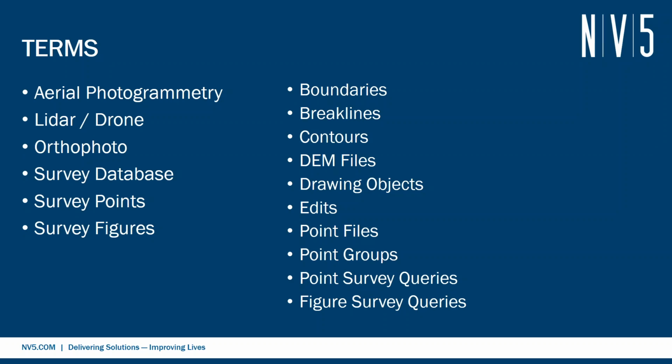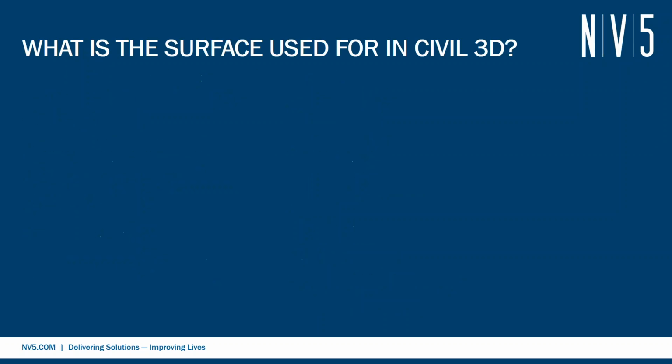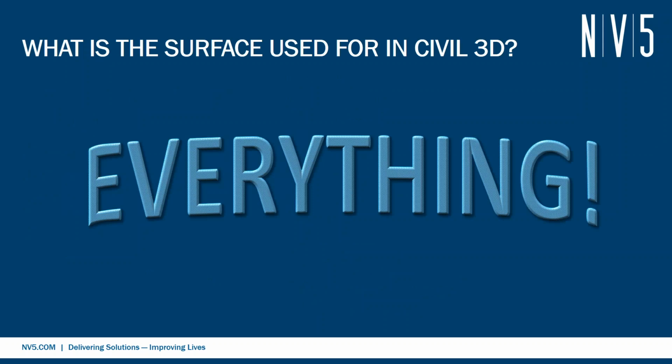What else? You use that to calculate your cut and fill. Volume surfaces, generating quantities, earthwork quantities. Just about everything, right? Everything we do in Civil 3D utilizes this surface, right? Whether it's existing or proposed, usually everything is based off of these surfaces.